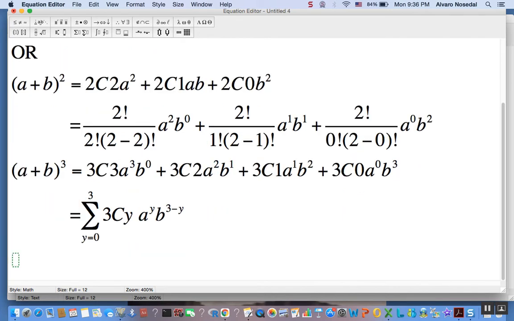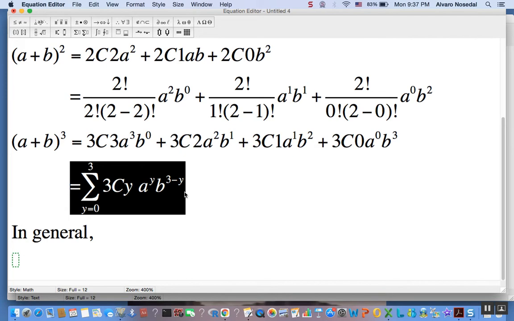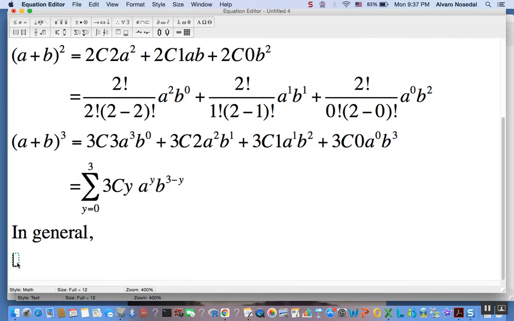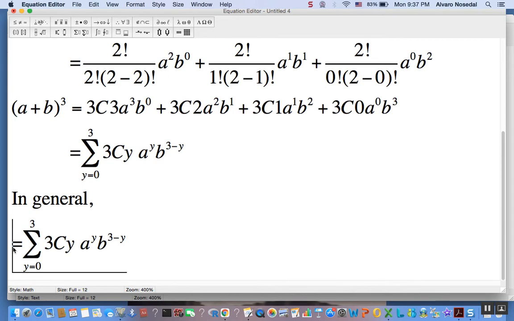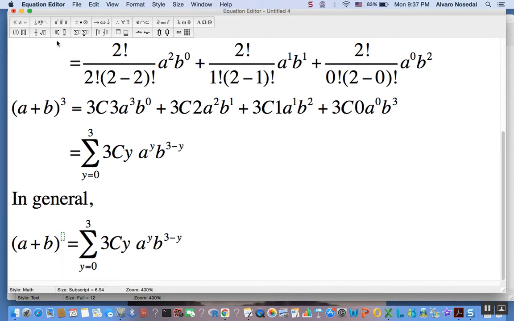In general, let's write that down. So in general, what we're going to have is, let me copy paste this, and instead of plus b cubed, what we want in general is n.